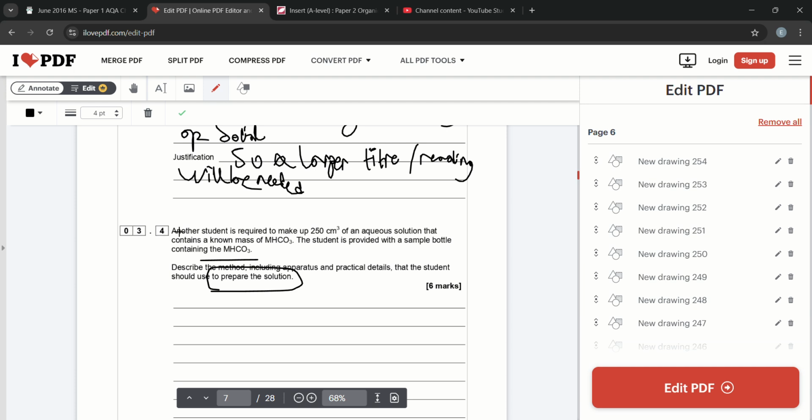Not surprised if it has come up before, or will come up maybe in 2025, my paper, because it's just a practical question. Yes, there are a few key details here that you might need to include, but apart from that, it's just, how well do you know your practicals?